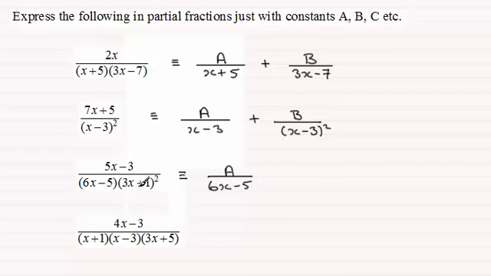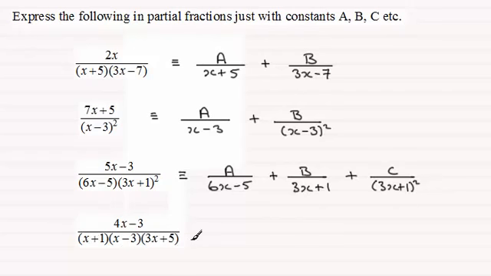And then we handle the repeated factor similar to what we did up here. So we take another constant, let's say it's b, and we divide it by 3x plus 1. And then we take another constant, this time c, and divide it by 3x plus 1 all squared. Alright, so hope you're able to get that one.